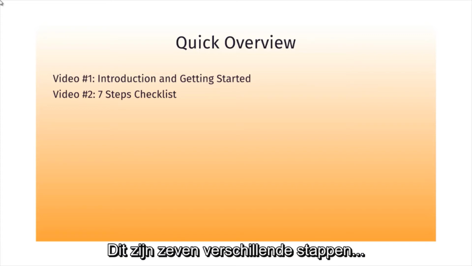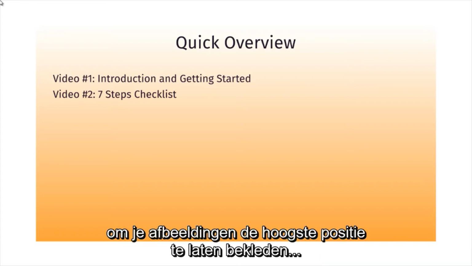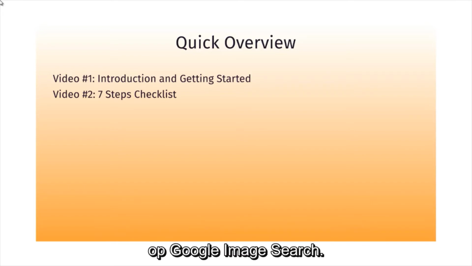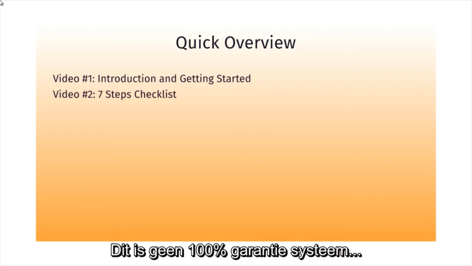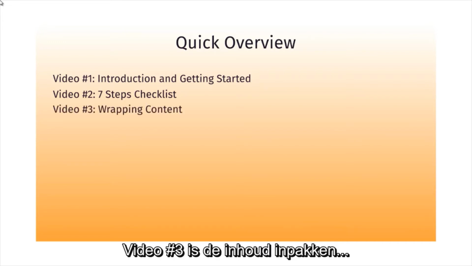These are 7 different variables that are very crucial in trying to get your images ranked on Google image search. Now, this is not an exact 100% guarantee system, but it is based on what we have seen over the years.